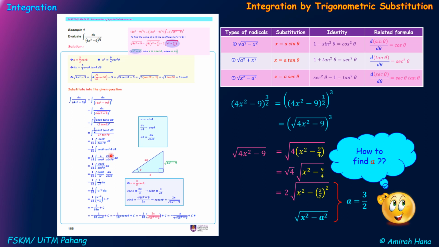And then yang cot square theta ni tukar kepada cos square theta over sin square theta. Okay. And then sampai sini we can simplify cos theta yang ke atas ni boleh potong dengan cos theta yang di bawah ni. So tinggal cos theta nombor kuasa 2 and then over yang bawah ni adalah sin square theta and then d theta. Dekat luar masih ada constant 1 over 18. Alright?